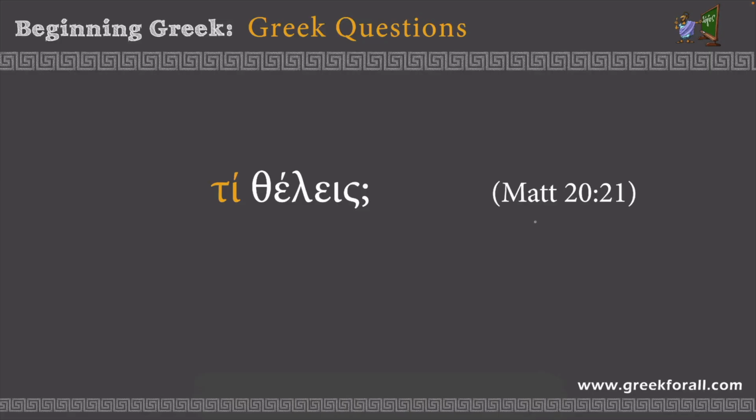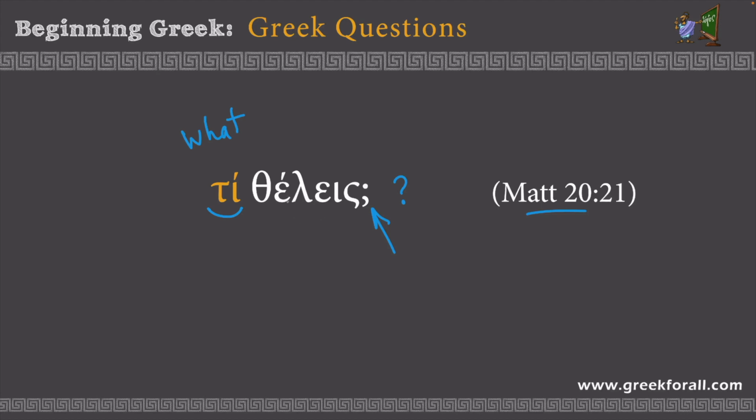The first example comes to us from the Gospel of Matthew, chapter 20. Let's read. Ti theleis. Here we have our question word, ti, which means what. We double check and we see that we have a question mark, so we know for sure this is a question.